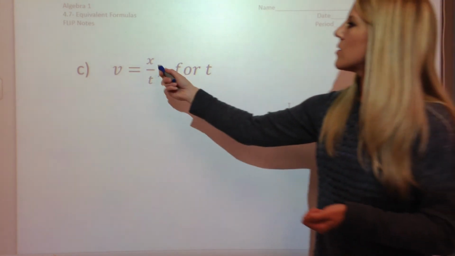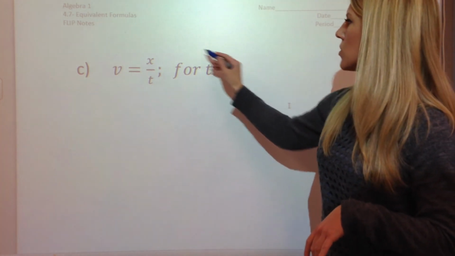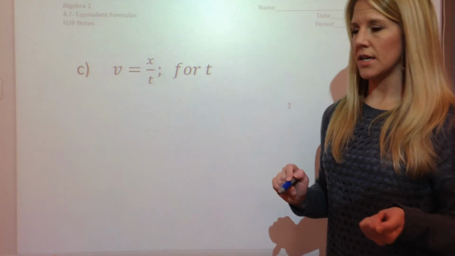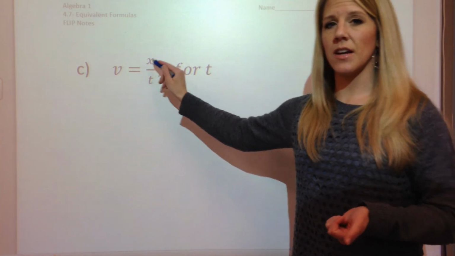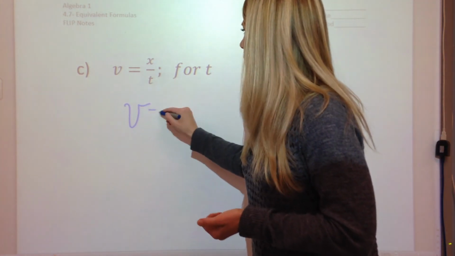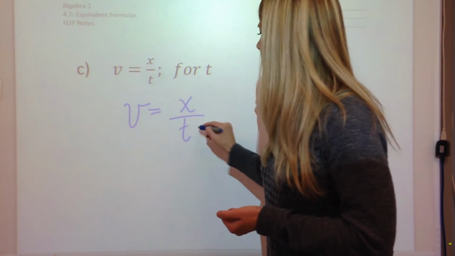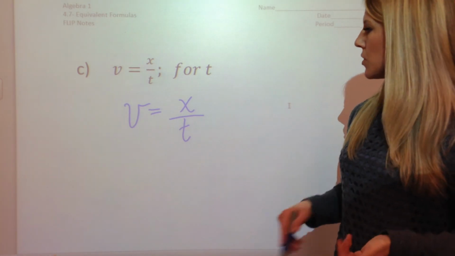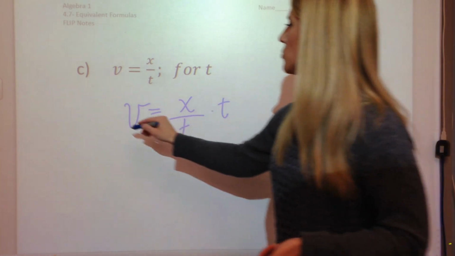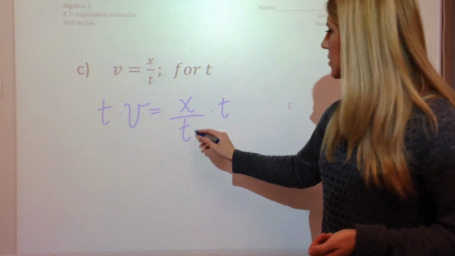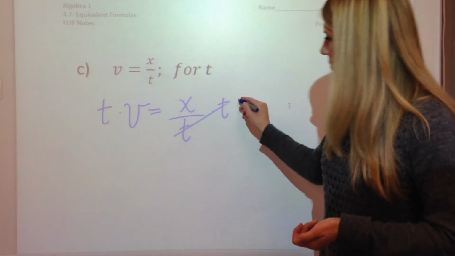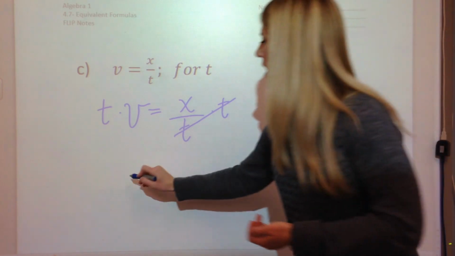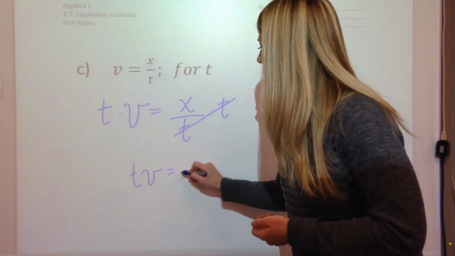Okay, v equals x over t, or x divided by t, and I want to solve for t. Well, let's look where t is. T is in the denominator, it's x divided by t. So, if I want to get t by itself, the first thing I need to do is to multiply both sides by t. I need to get it to the numerator. So, doing so, I have t times v, or tv, equals x.